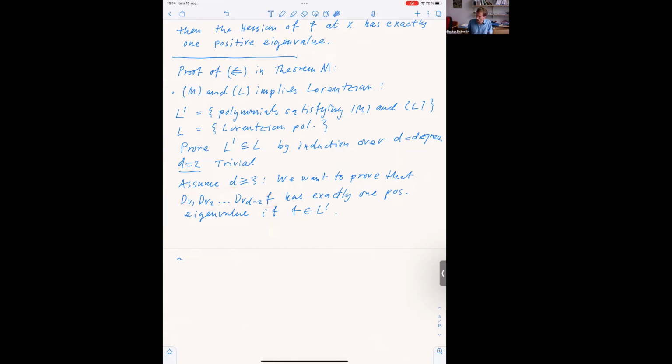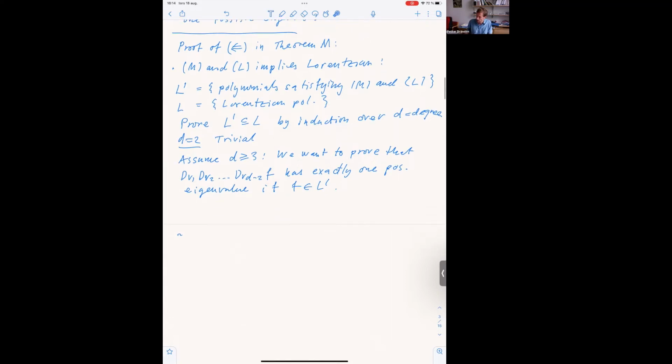And one can see that this Hessian is equal to the Hessian of G, which we define to be dB1, dB2 up to dB d minus 3 instead.